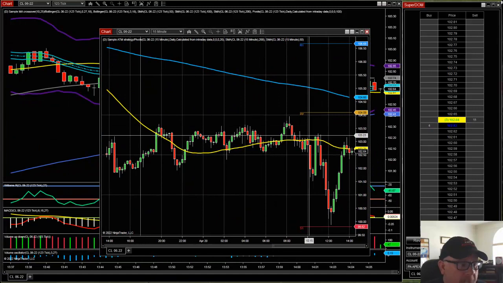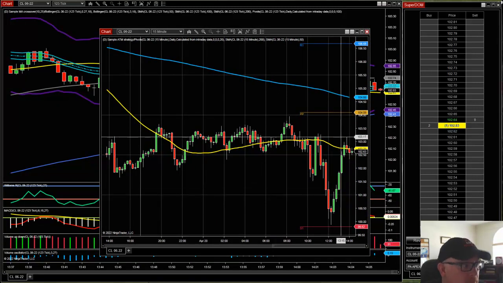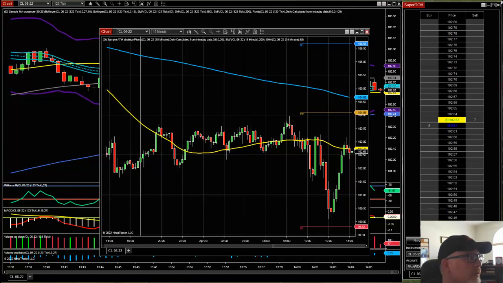Here's why I like the short coming into close. Look at the 15-minute bar right here. This is a 15-minute chart that you're looking at right now. So honestly, we got to get above roughly this area right here. So that puts it at 103 roughly, to test this area right through here.